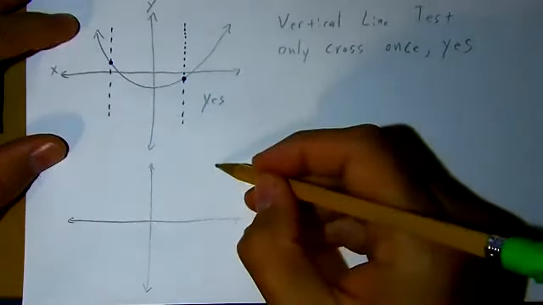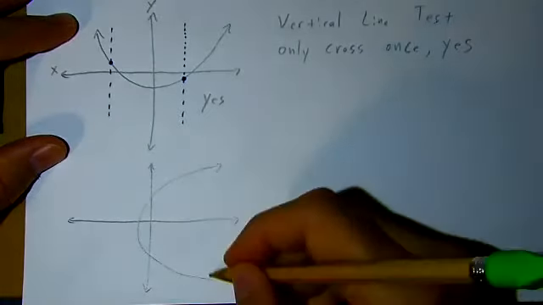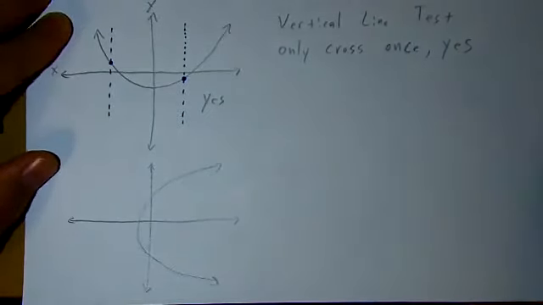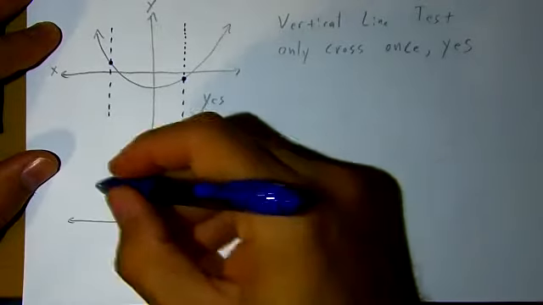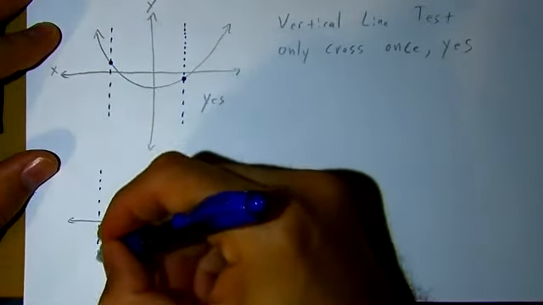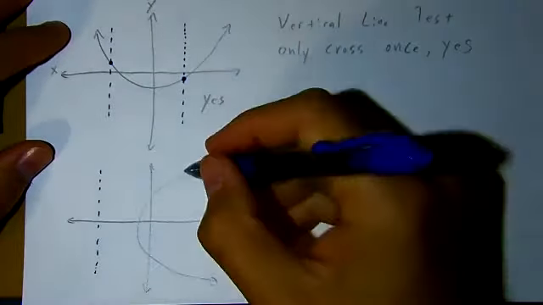Let's say they gave you a curve that looked like this. Looks very similar to that. It's just pointed in a different direction. Here's the problem. If you do a vertical line test over here, you're not going to hit anything. Remember, the X line doesn't matter. So this one doesn't really count for anything.